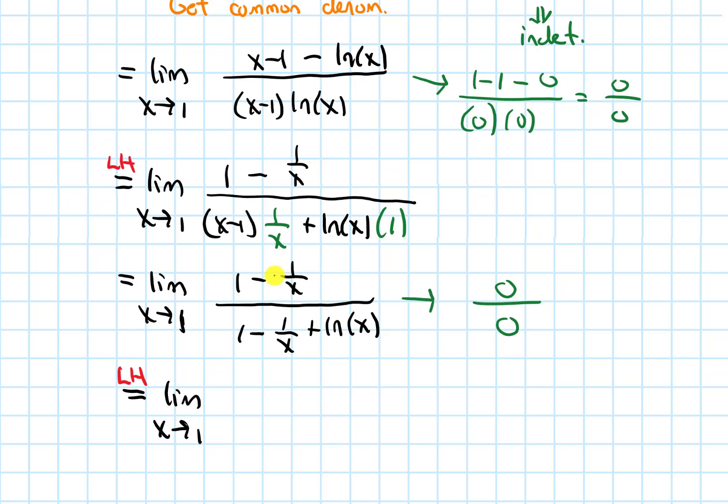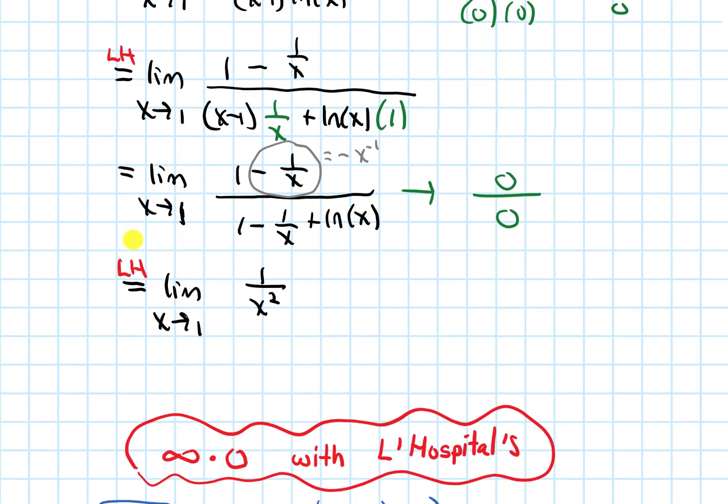The derivative of negative 1 over x is going to be 1 over x squared. I did that quickly in my head, because I'm just using the fact that negative 1 over x is negative x to the negative 1. And then when I do the power rule, the derivative will be 1 over x squared. Okay, and on the bottom, the derivative of this negative 1 over x is also 1 over x squared. And then plus this ln of x, that derivative is 1 over x.